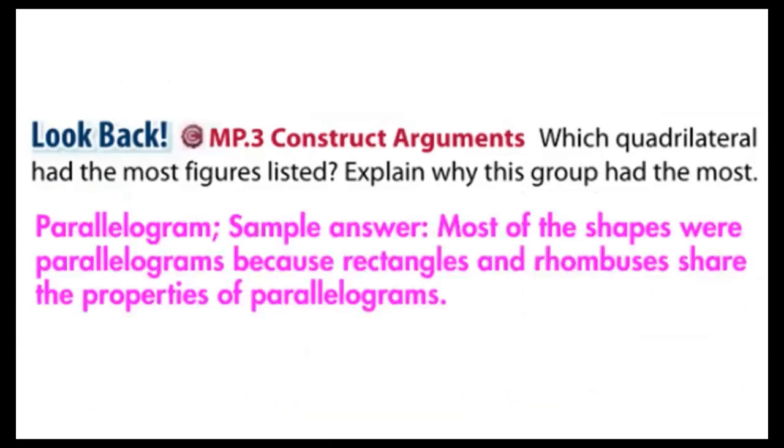According to the given table above that you just solved, most of the shapes were parallelograms. It is the most shapes listed. Why? Because rectangles and rhombuses share the same properties of a parallelogram, and we mentioned that from the family tree we mentioned at the first of the lesson.